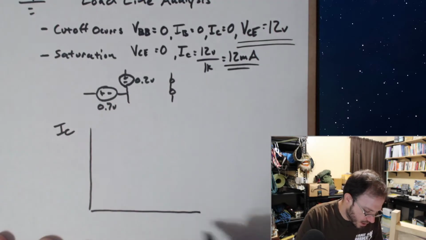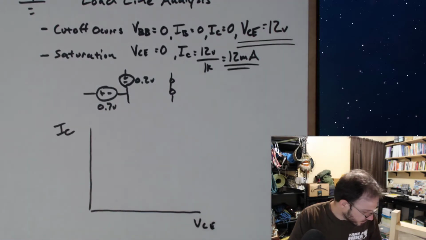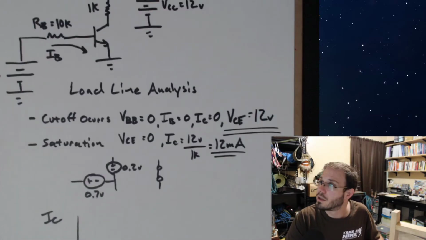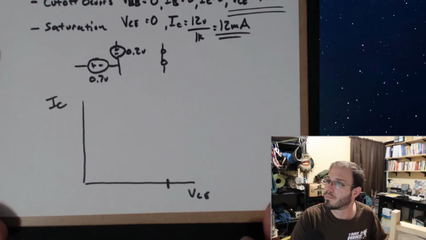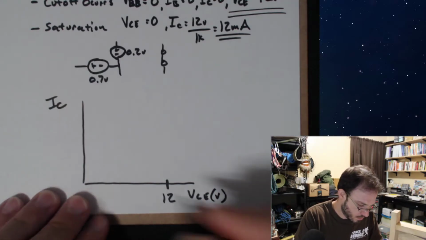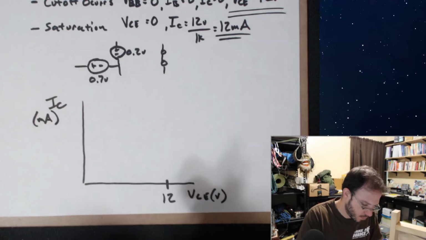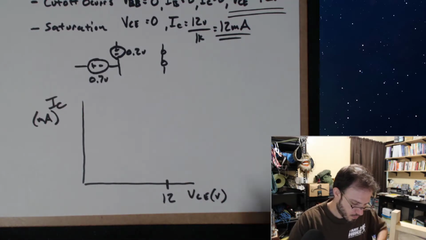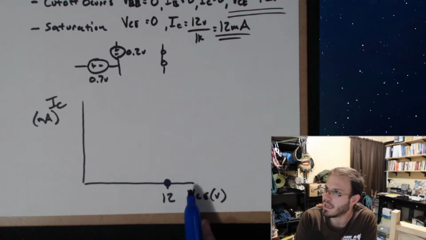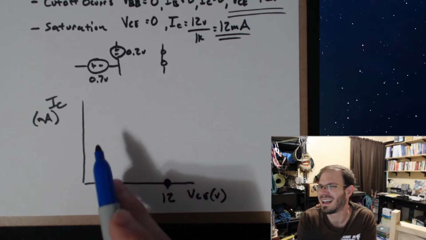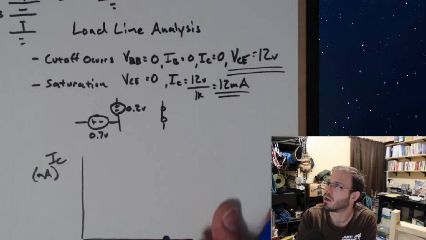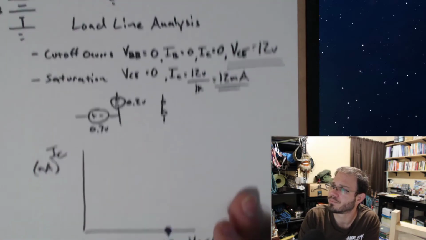So again, IC here, VCE here, and cutoff occurs at 12 volts, right here along the x-axis, along the VCE axis at 12 volts, with 0 current flowing through it.